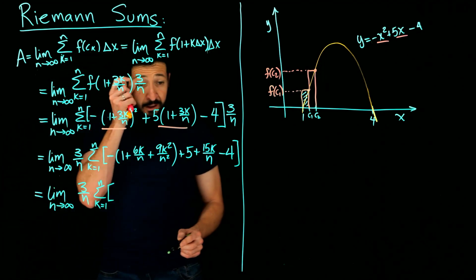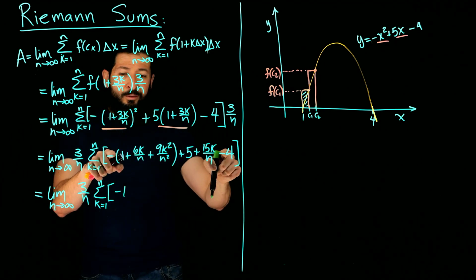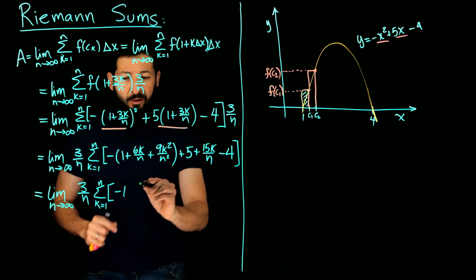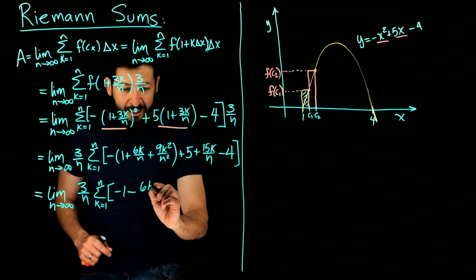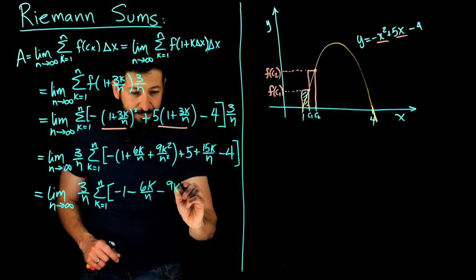Don't rush. So right here, I could have done negative 4 minus 1, negative 5. I'm going to write it all out just to make sure that I don't make mistakes.